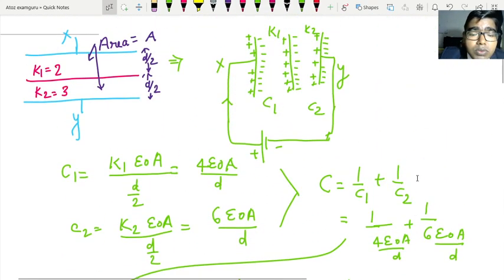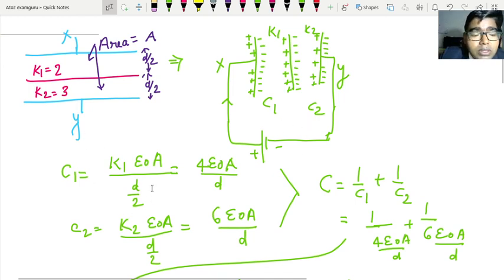So let us see this question once again from the start. There are two possible arrangements, series and parallel. So how will you recognize series? If you add the power source between these two plates, then the charge will first enter plate 1 and then enter plate 2, and the simplified diagram will be drawn like this.